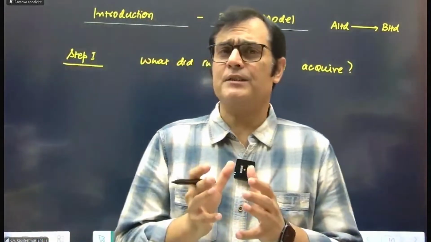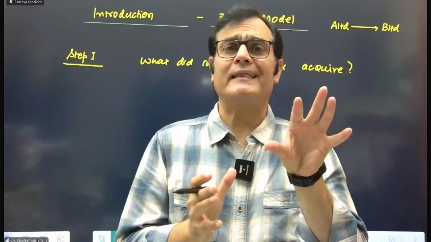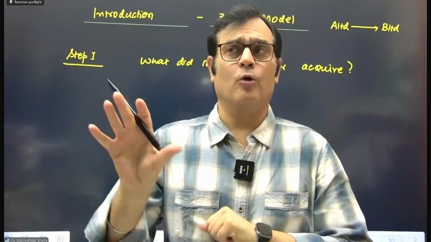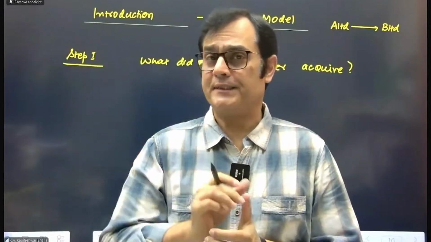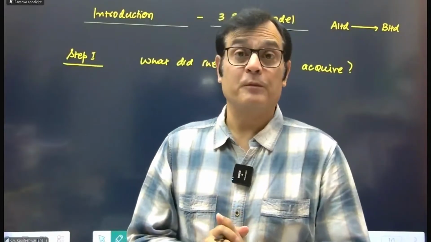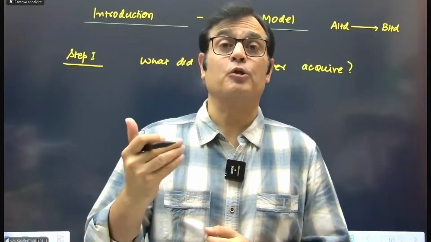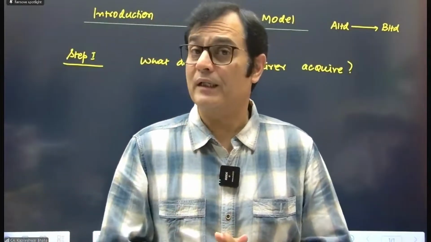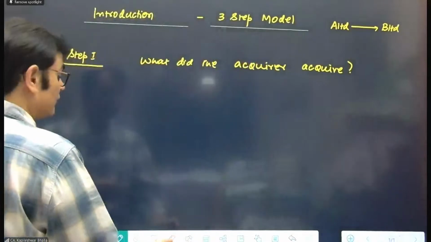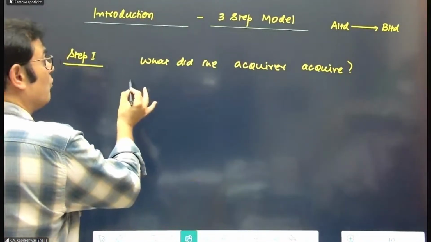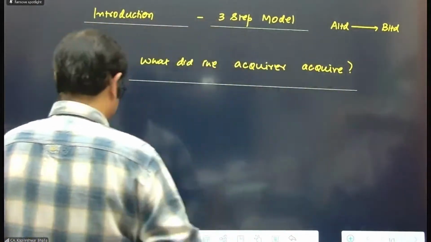The answer could be that he acquired an individual asset or he acquired a group of assets. When you say a group of assets, it could be with or without liability. So though we use the word group of assets, it can be with liabilities as well. So the first focus is to identify what did the acquirer acquire.